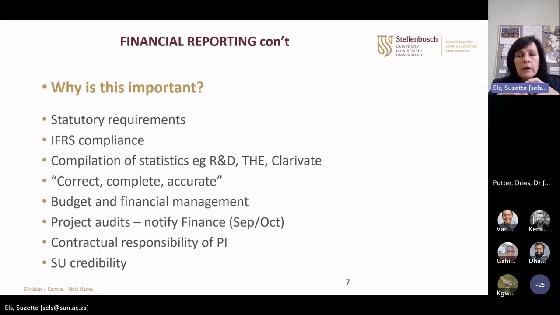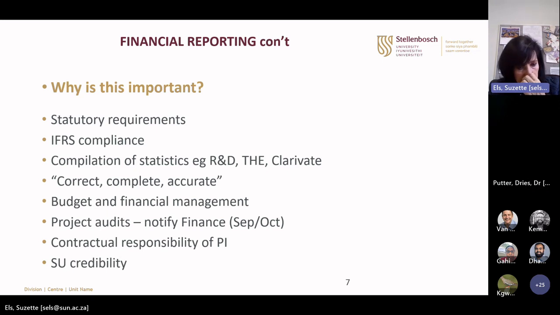Remember, we as a university are audited externally by EY, but sometimes a funder for a project will require an external audit. You need to inform finance way in advance that there might be an external audit required for a specific project. We need to know that.